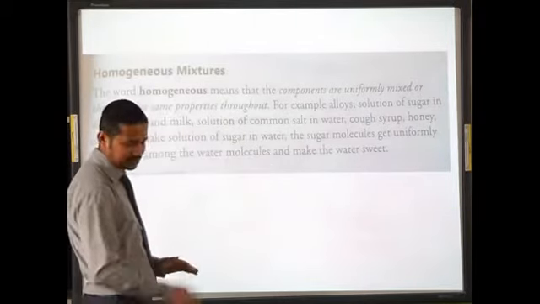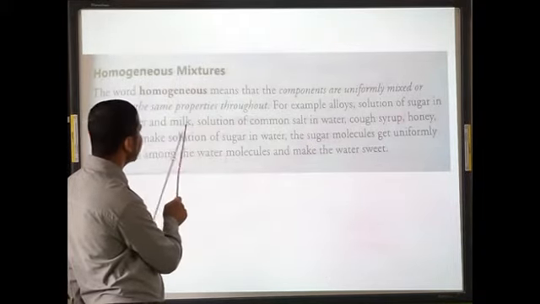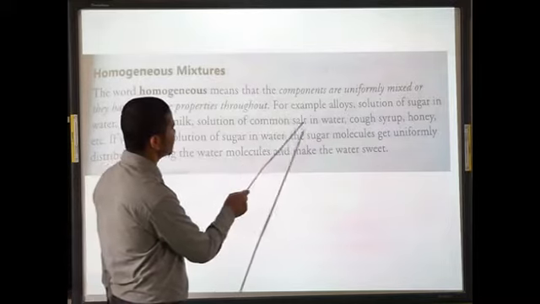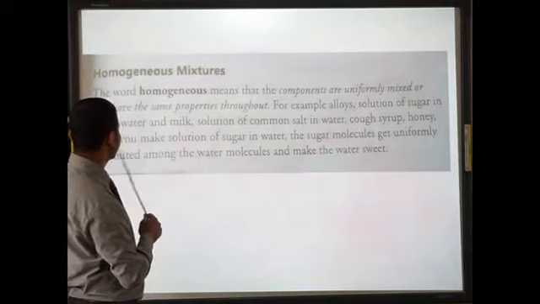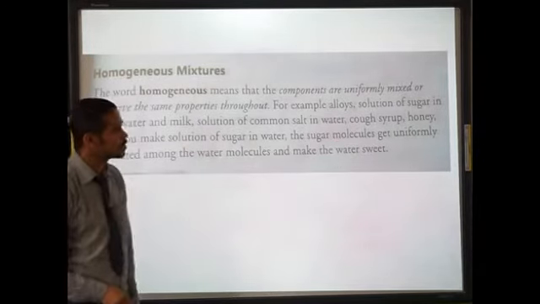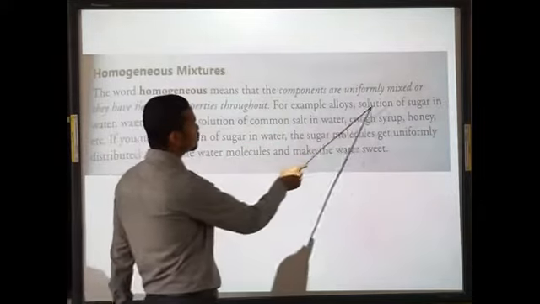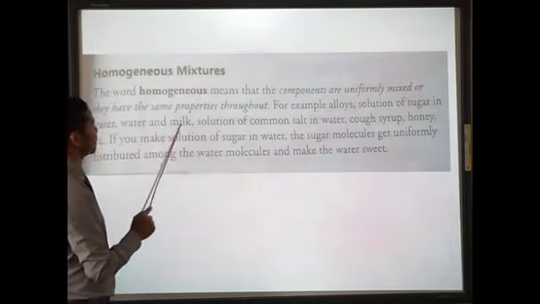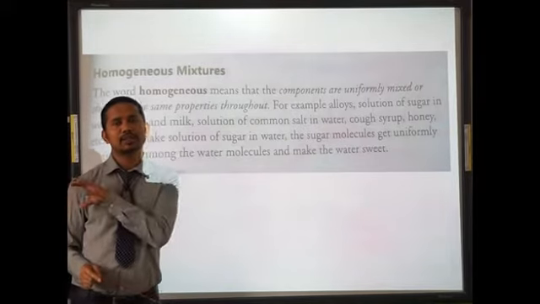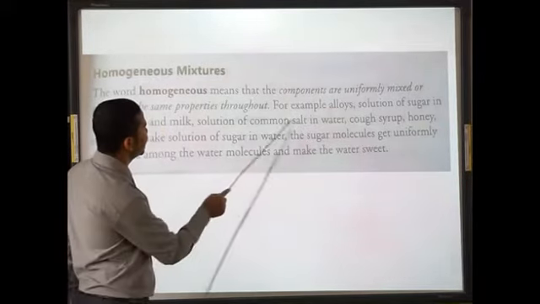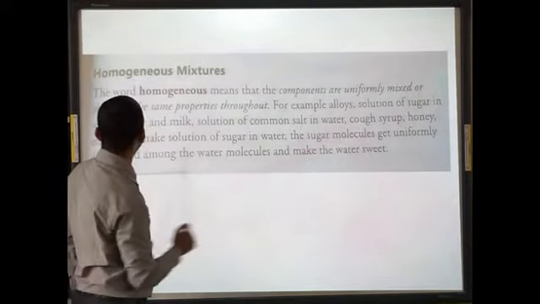So all alloys are homogeneous mixtures. Then solution of sugar in water and milk. If you mix water and milk, they will mix uniformly. Then solution of common salt in water, cough syrup, honey, etc. These are all homogeneous mixtures.